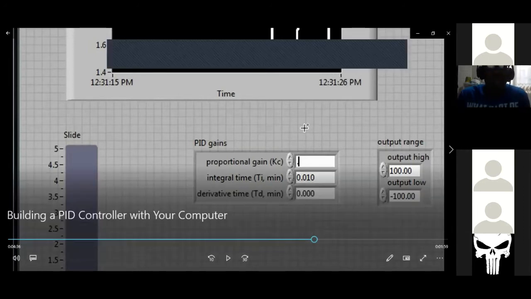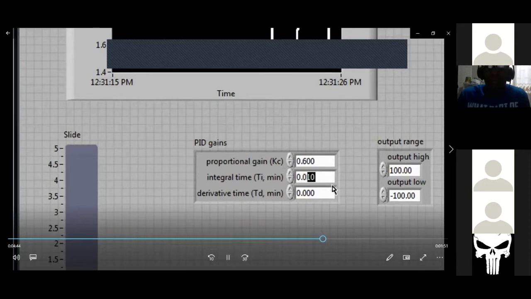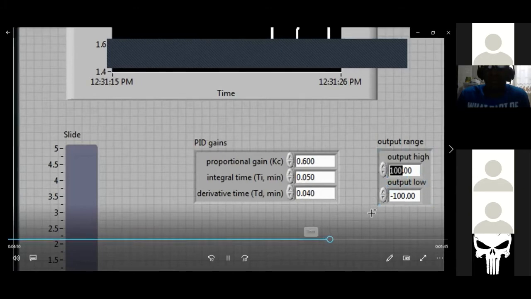Now, the plant that he is operating, I've already seen a good response come from setting the proportional value to 0.6, the integral value to 0.05, and the derivative value to 0.04. For the output range, again, we're going to set that high output range.